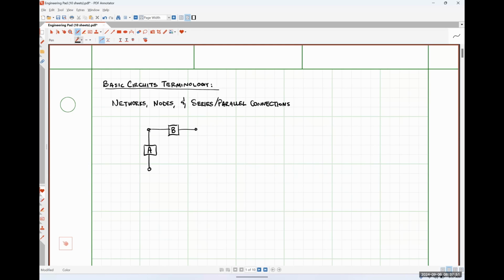So let's define a network to be an interconnection between two or more circuit elements.